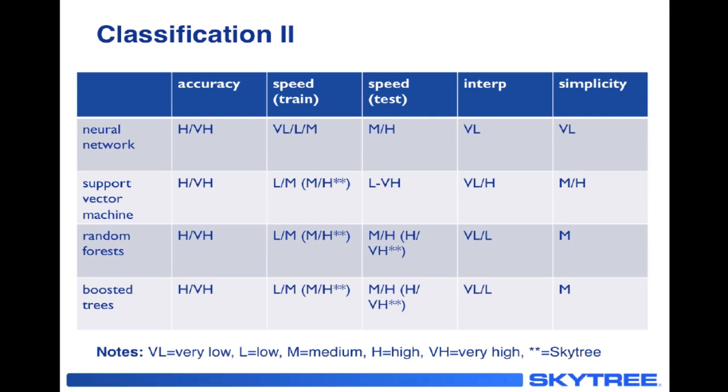I've listed next the thing that pushed neural networks out of favor in some ways in the mid-90s, the support vector machine. I list a range here for the different qualitative categories because it depends on the kernel. There's some function you can choose inside it that either makes it a linear model, which makes it parametric, or makes it completely nonlinear and totally not understandable, but highly powerful in terms of accuracy.